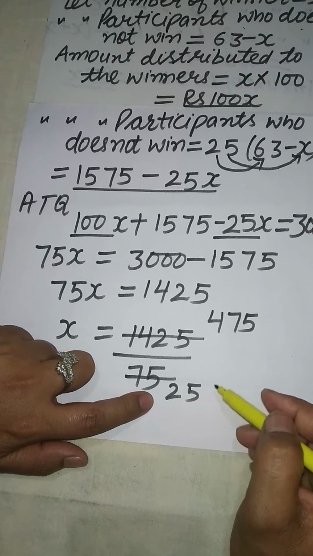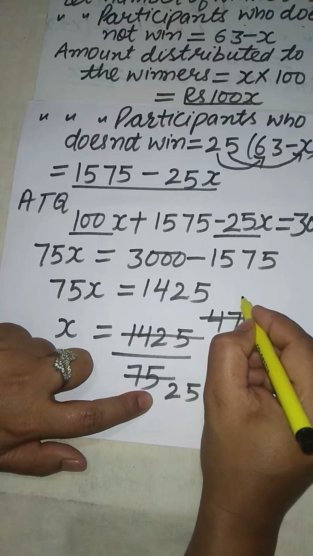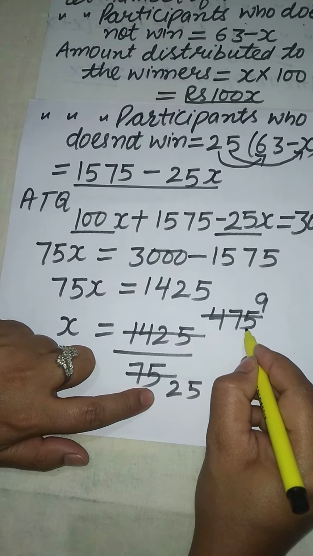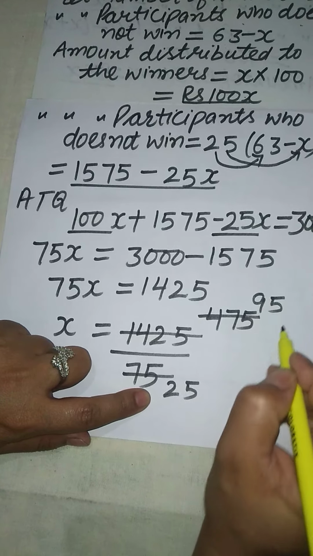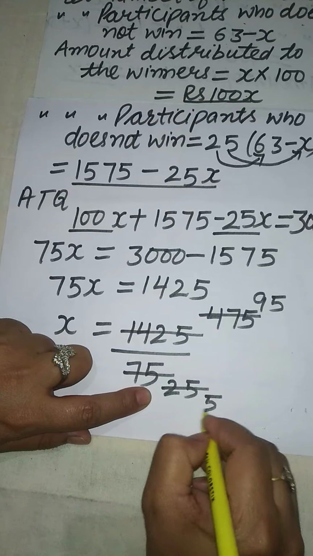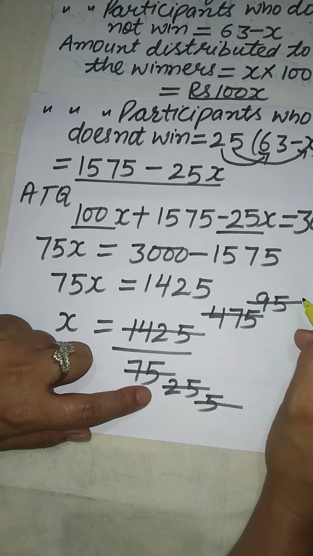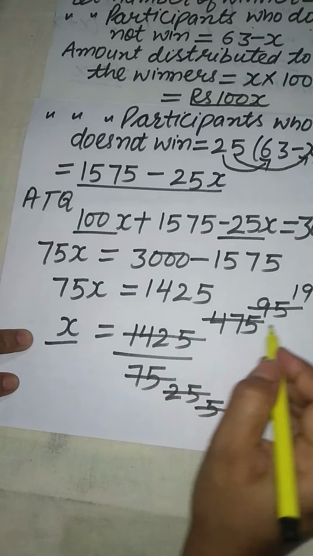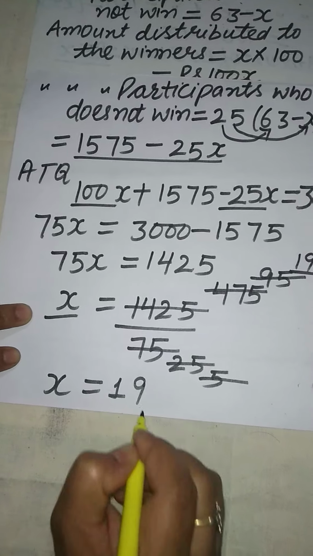Next, let us do the cancellation by the table of 5. 5 nines are 45, 5 fives are 25, and again 5 fives are 25, 5 ones are 5, 19 fives are 25. So the value of x is equal to 19.